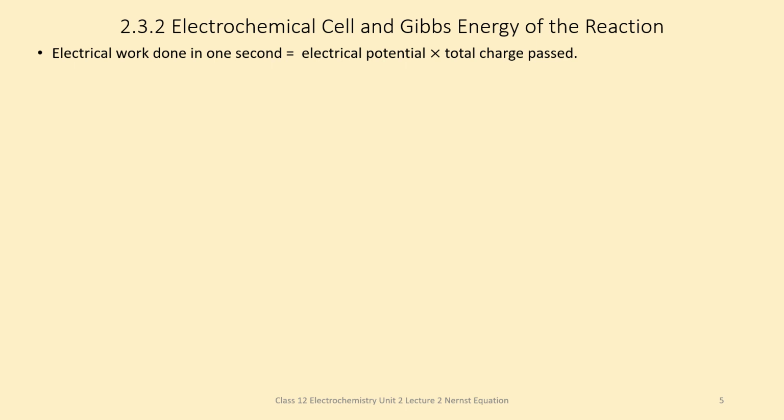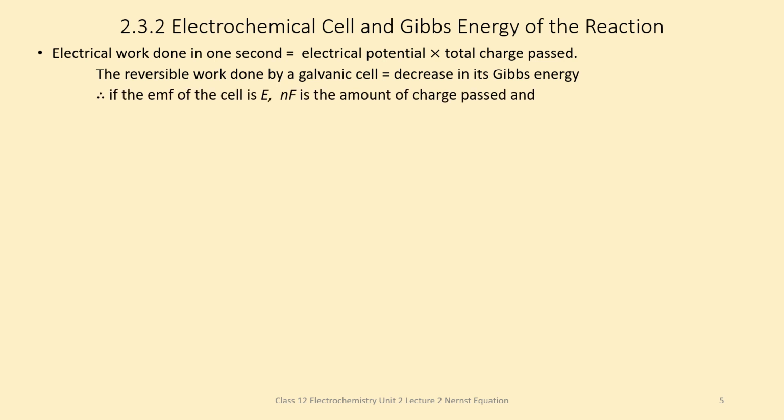The reversible work done by a galvanic cell is equal to the decrease in its Gibbs energy, and therefore, if the EMF of the cell is E and NF is the amount of charge passed, then delta r G is the Gibbs energy of the reaction, and it is given by the relationship delta r G is equal to minus NF into E of cell.